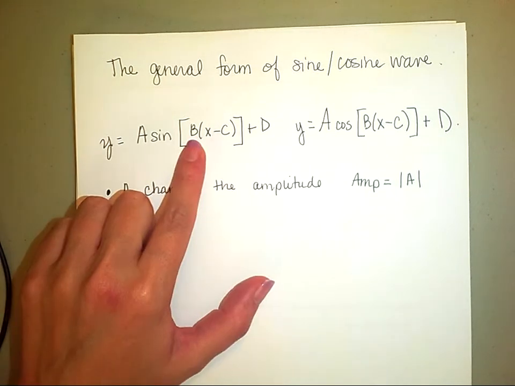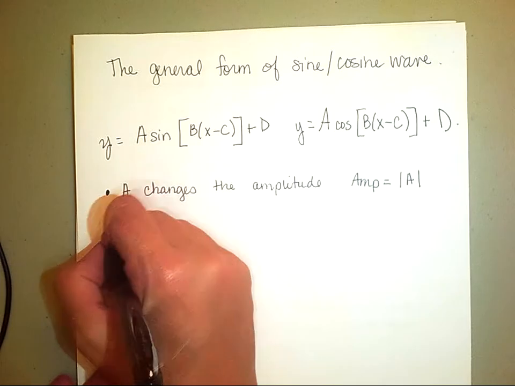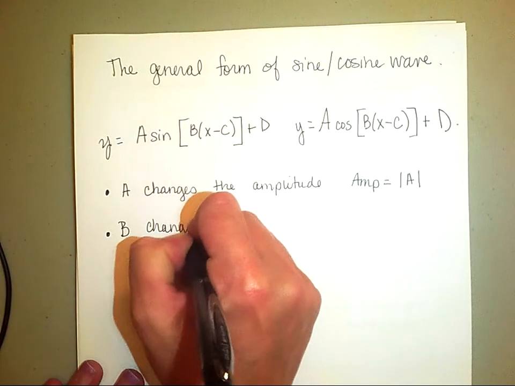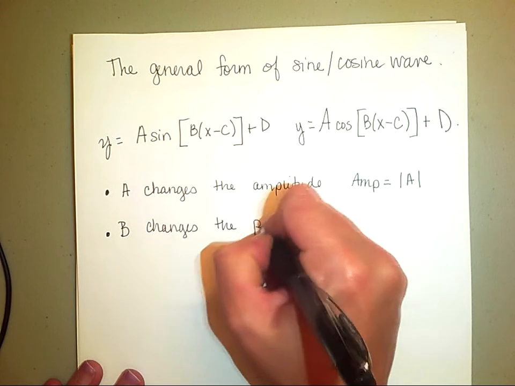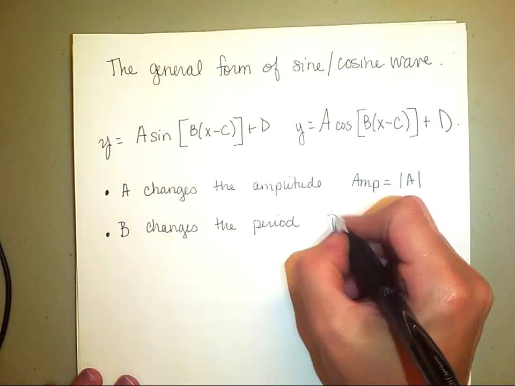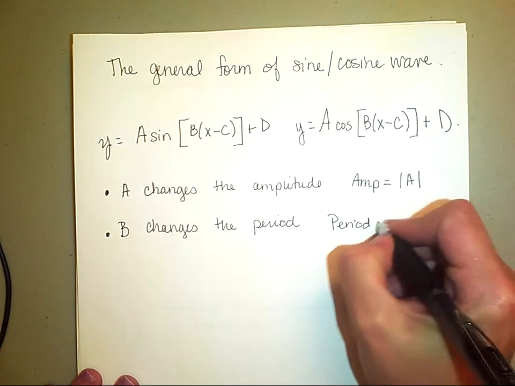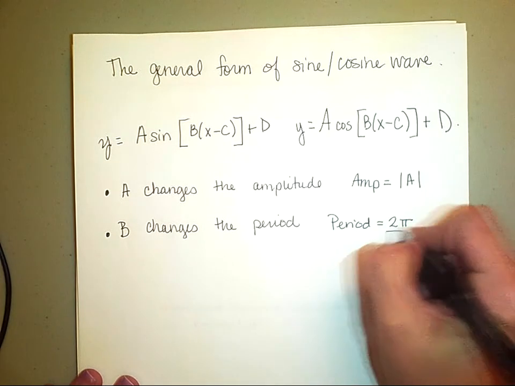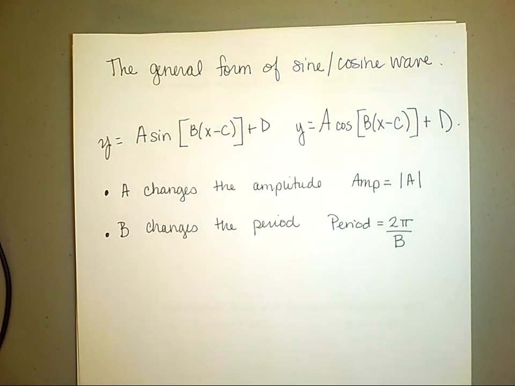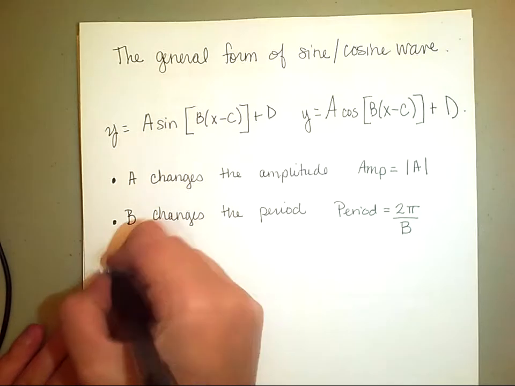Now, B changes the period. And specifically, the period is equal to 2 pi divided by b. So these are the translations that are really unique to the oscillations.